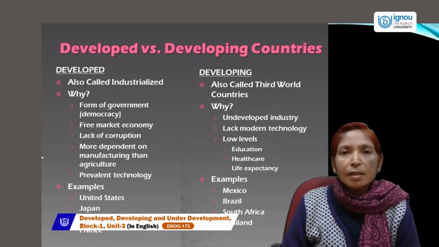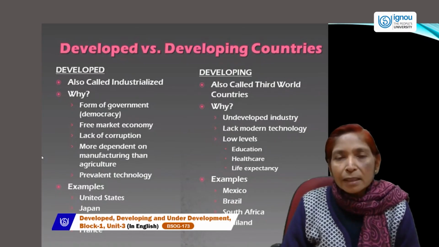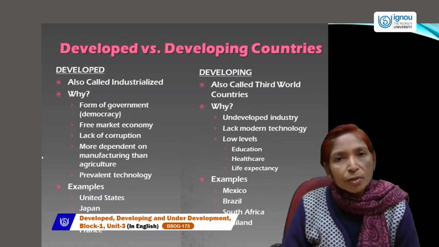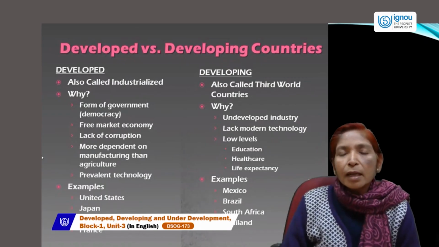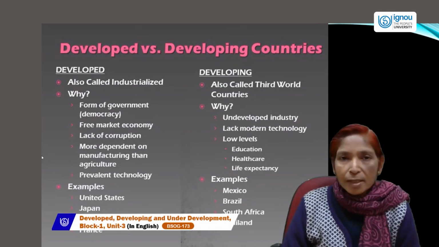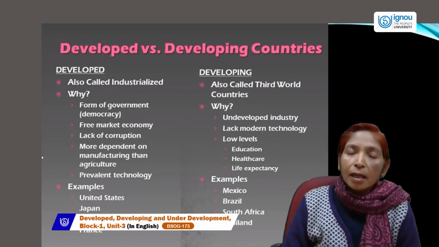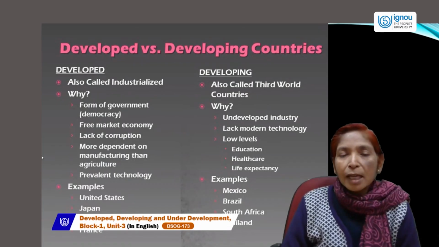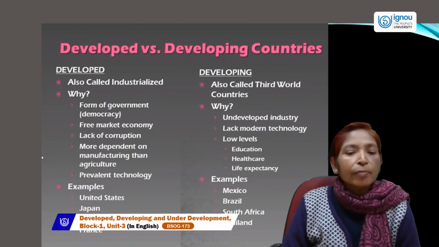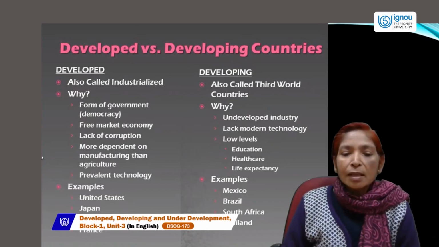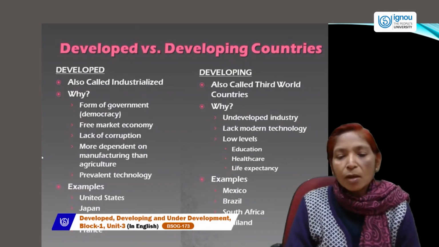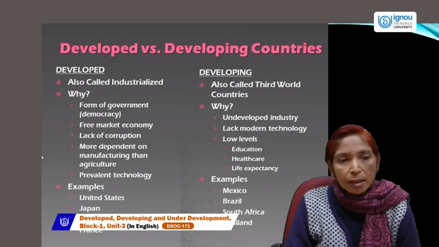We still use backward and obsolete technologies for the production of goods and services. And in developing countries there are lower levels of educational and medical facilities, and very low life expectancy. Examples of these countries are Mexico, Brazil, South Africa, and Thailand.